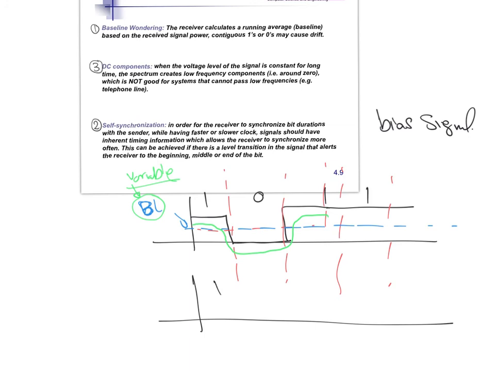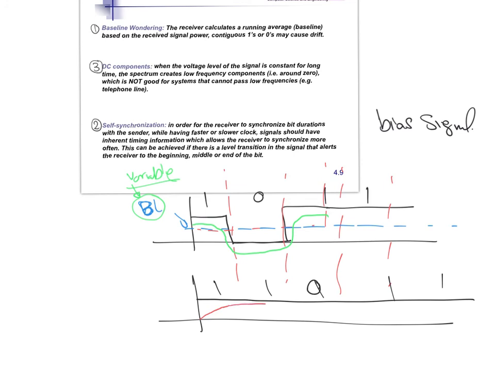So if, for example, I assume that I have 1, 1, 1, 1, 1, okay, so this will make the signal look like this, fixed. So at the receiver side, the receiver will say, oh, okay, so I received a high voltage level, so in that case, the baseline starts to increase.